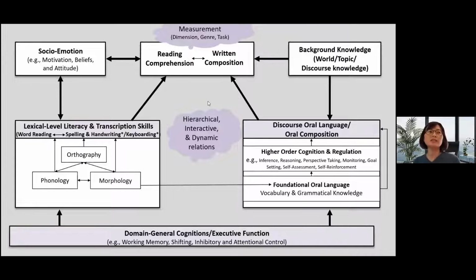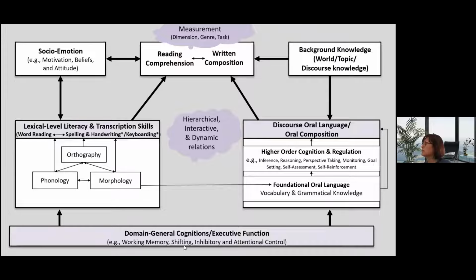If they constantly experience success with spelling and writing, they feel good about themselves as a writer, they become confident, and they don't develop negative anxiety toward writing. Whereas negative experience, of course, develops negative social emotions, right? So that's why this is located on this side, because it interacts with spelling and also written composition.